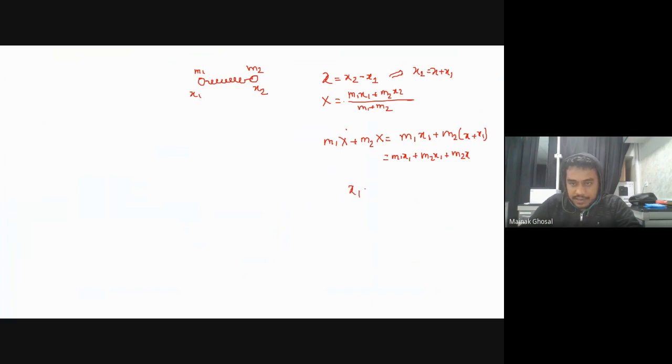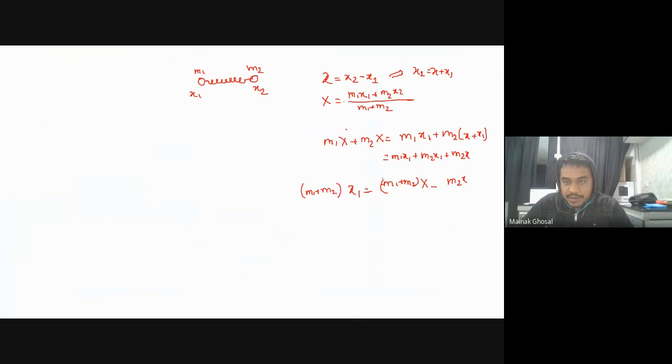Now you need to find what x1 is. You take m1 plus m2 into X, minus m2 into x, and in the denominator there will be m1 plus m2.